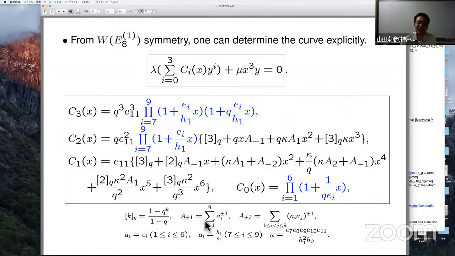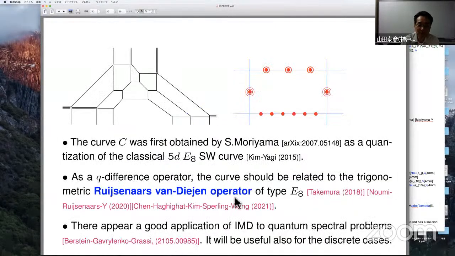And this was originally obtained by Moriyama-san as a quantum Dijkgraaf curve. So this curve corresponds to the conserved quantity of the quantum E8 Painlevé equation in the autonomous case. And this conserved quantity should correspond to the trigonometric Ruijsenaars-van Diejen operator of type E8.